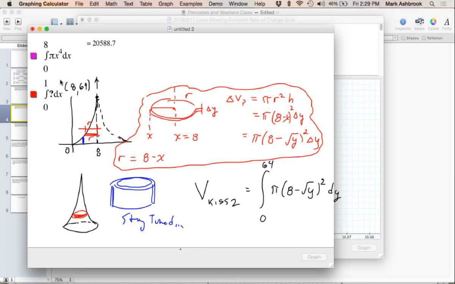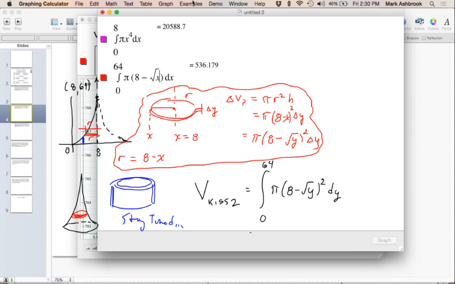This one is 0 to 64 of, I'm just going to use x. We used y, but I'll just switch it back to x in this. Pi times 8 minus square root of x dx.